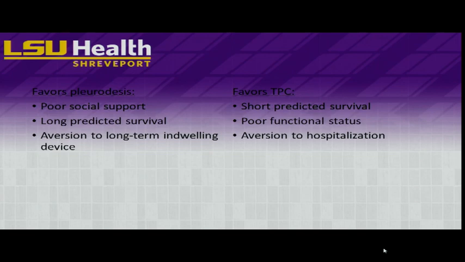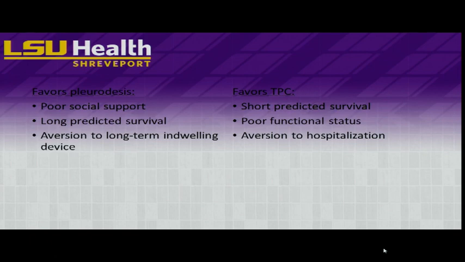So if you have someone who has a poor functional status, not expected to live long, really doesn't want to have a stay in the hospital, these are patients who will tend to gravitate more towards the tunnel pleural catheter.